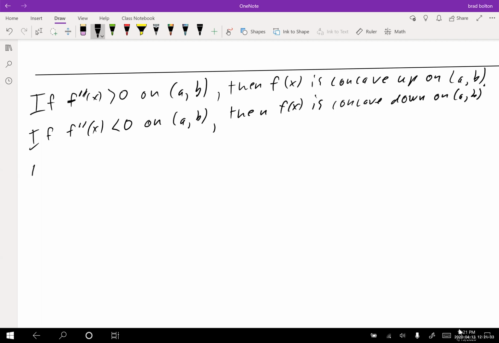So an inflection point is where a graph changes concavity.